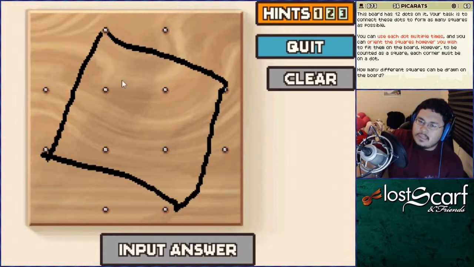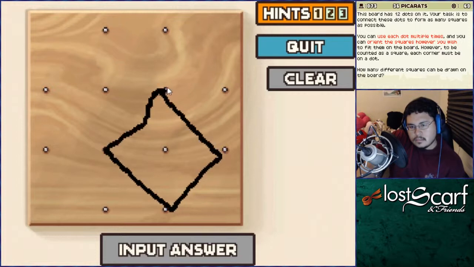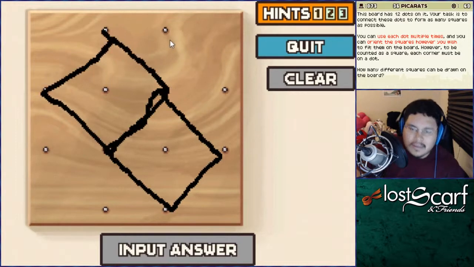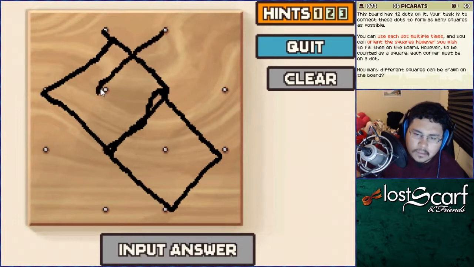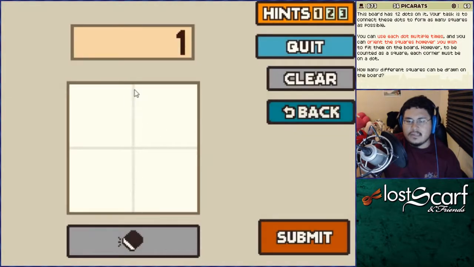So 1, and then 2 big ones, and then 4 sideways? Like that? That's my guess. Okay, so 11 is your guess. Let's see. Is that what I think it is or not? That should do it.